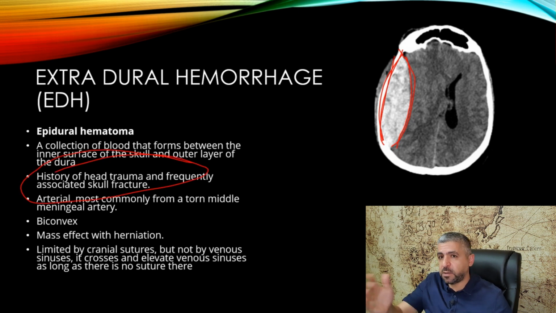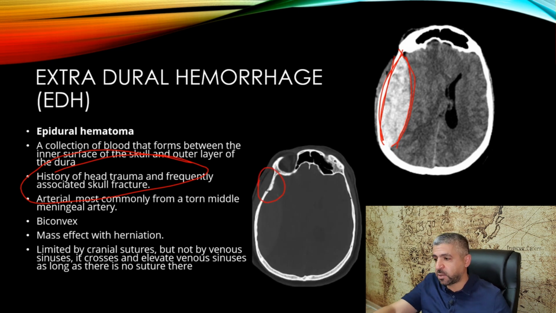So whenever you see an epidural hematoma, you have to go to bone window to look for an associated fracture, just like here, because the fracture will cut the artery, resulting in the bleeding. And this is why it will be a biconvex collection, and it will have a mass effect. It will cause herniation because it's arterial bleeding, that's active bleeding.